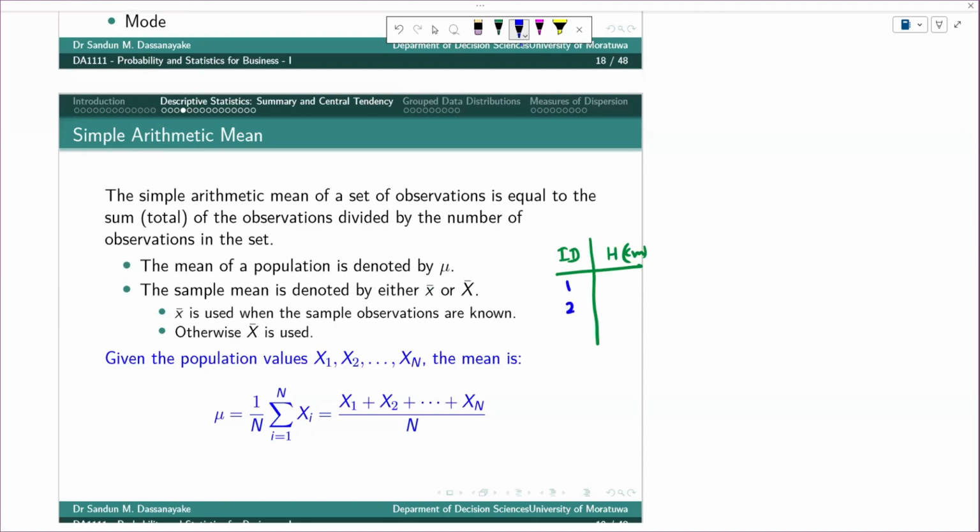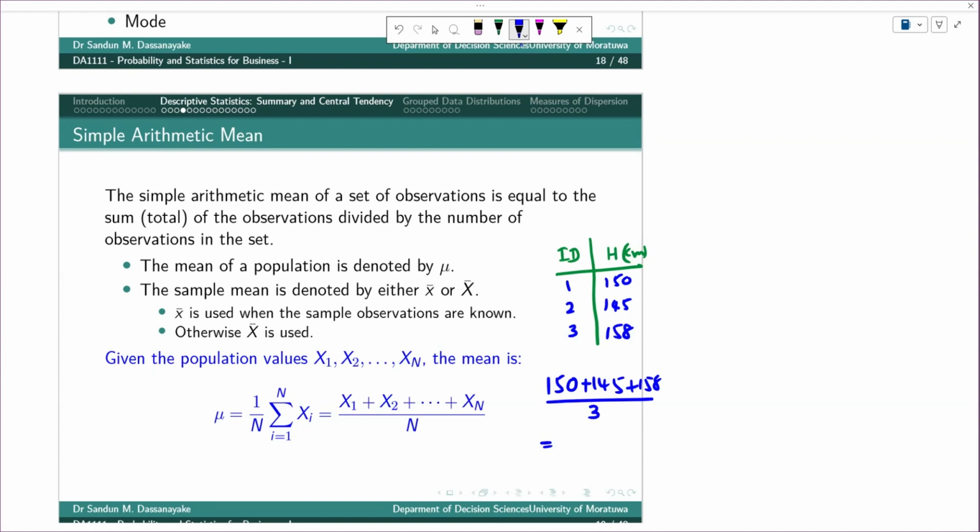If you take ID 1, 2, 3, and if you have heights of 150 centimeters, 145 centimeters, 158 centimeters, then the simple arithmetic mean means you just add them, 150, 145, 158, and then divide by the number of occurrences, that is n. So divide by 3, then you get an answer.